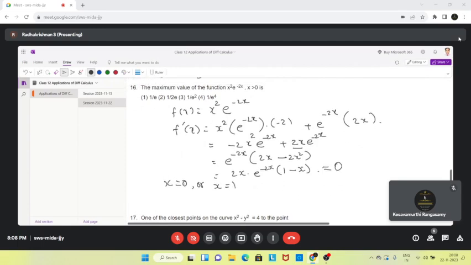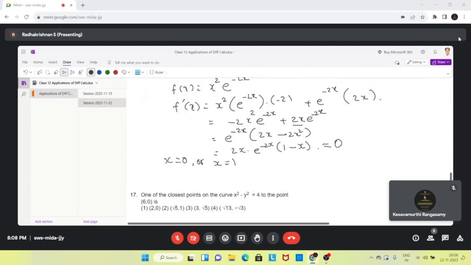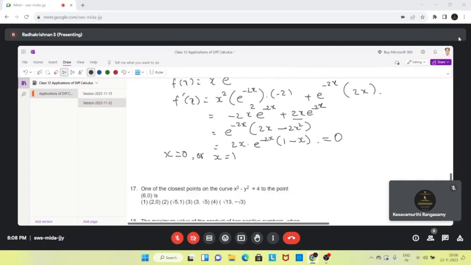Okay, now we don't know which is maxima and which is the minima. So we need to do a second derivative for that. Sir, given that x is always positive, sir. Oh, okay. What is given? X is greater than 0. Okay. So that means only x equal to 1.